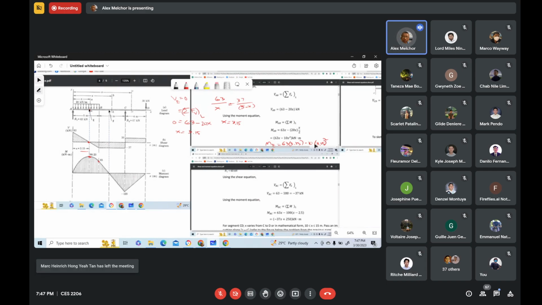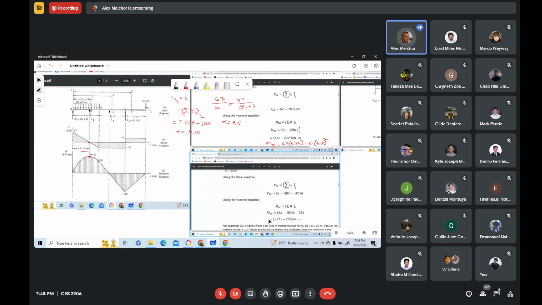So for the moment at C, we'll just use the moment equation for segment BC. At C, the value of x equals 10, di ba? That's 5, that's 5. So C is located 10 meters from the left end. So we substitute that value of x in here, in here.